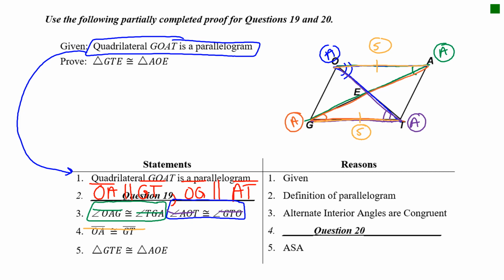If you go back to your notes and look at the properties, there's only one that says that opposite sides are congruent. So reason number 4 will be opposite sides of a parallelogram are congruent.